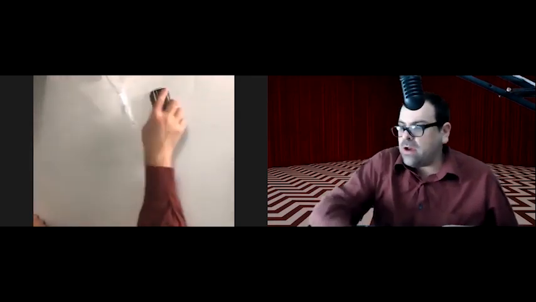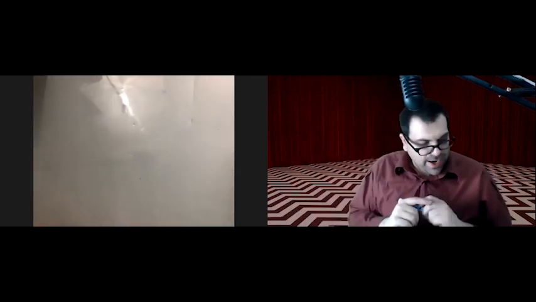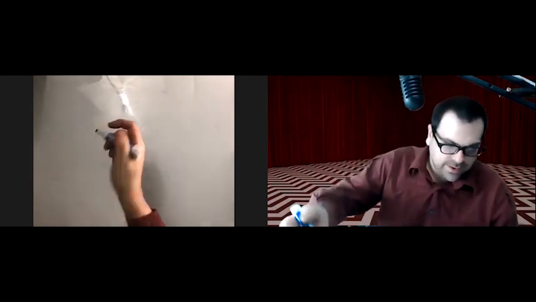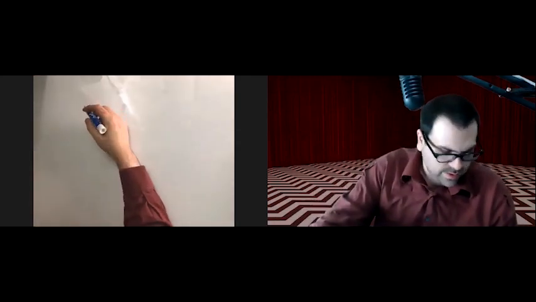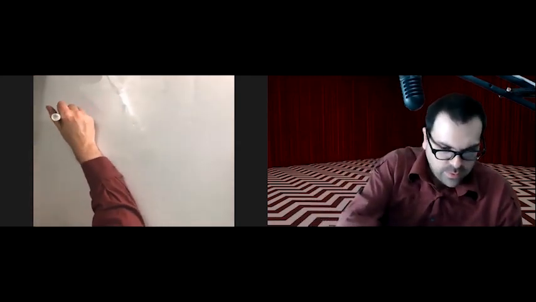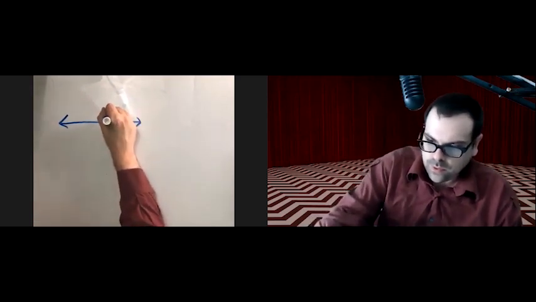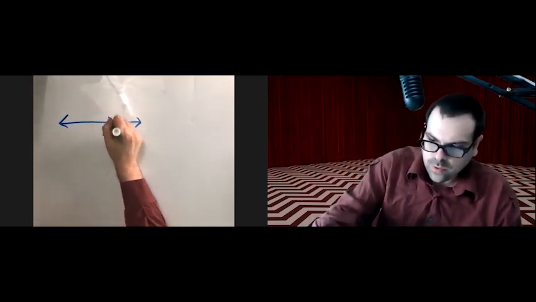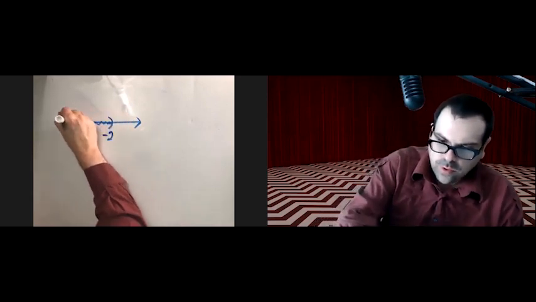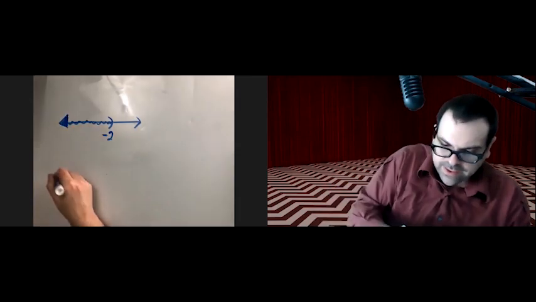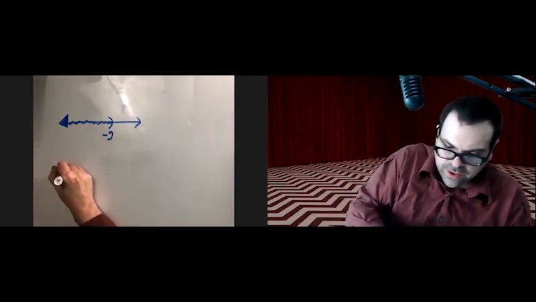So let's think about this square bracket, this parenthesis. And a square bracket will go the other direction.